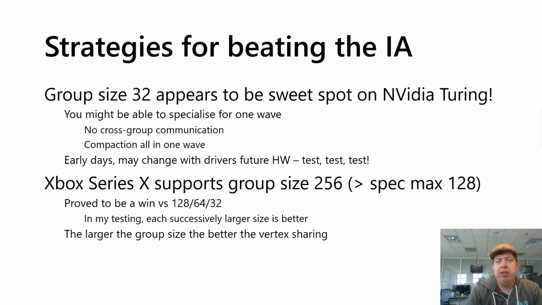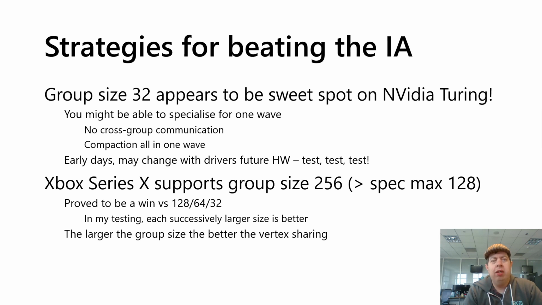So, strategies for beating the input assembler. We have two pieces of hardware that support mesh shaders currently. We have NVIDIA Turing cards on PC, and we have the Xbox Series X. On NVIDIA Turing, certainly at this point in time, a group size of 32 seems to be the sweet spot by quite a long way.